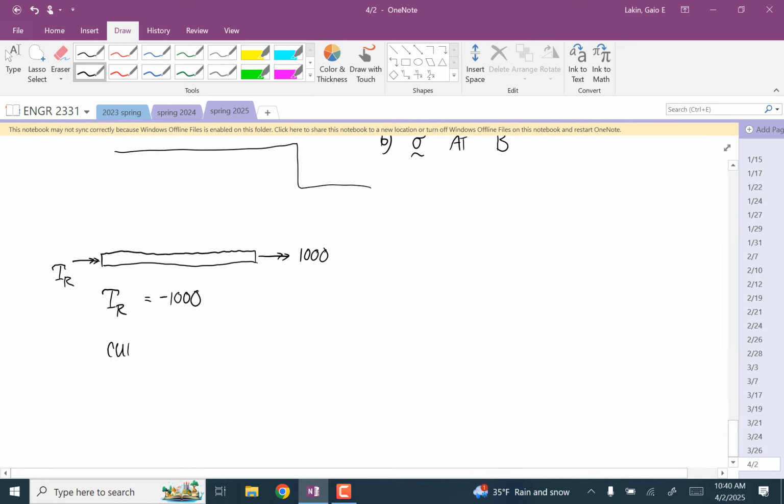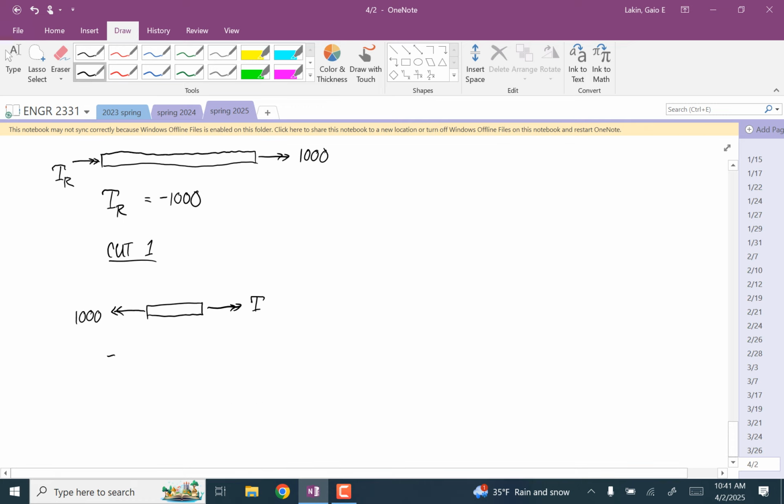And so now our cut, and now we have our 1,000 going that way, and our internal torque, and that says that our internal torque is positive 1,000.